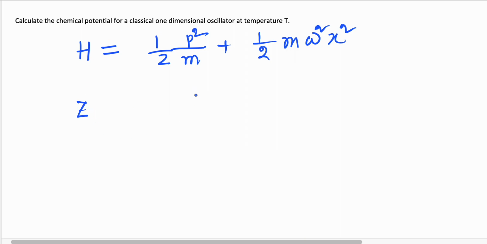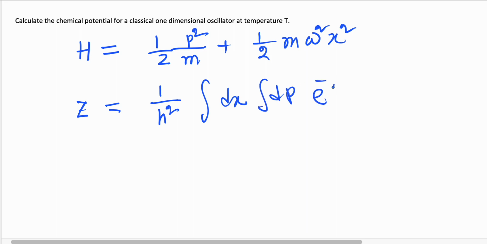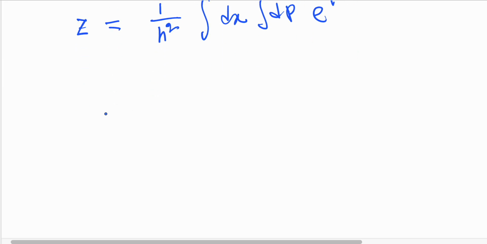Classically, the momentum and x are continuously varied, and the states are continuous, so we can write Z as 1 by h integration of dx integration of dp e to the power minus beta H.